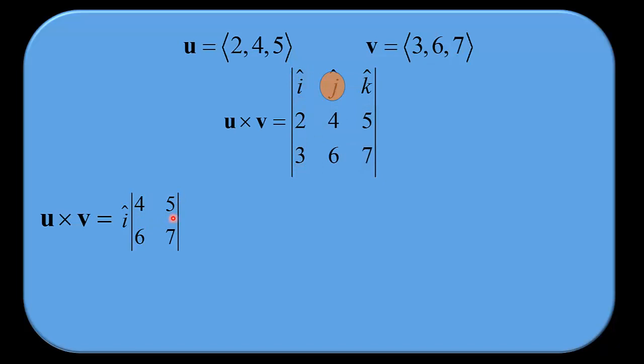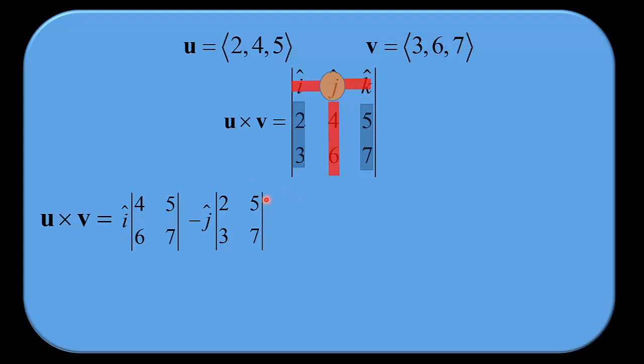I do the same thing for the j. I have the j. I eliminate everything on the same row, the same column, and then I've got this little bit, 2, 5, 3, 7. And I put that here. See the j, 2, 5, 3, 7. Now you notice a negative there. Yeah, it's going to be that way every time. I'm going to start with the i, positive, then the negative j, and then the positive k.